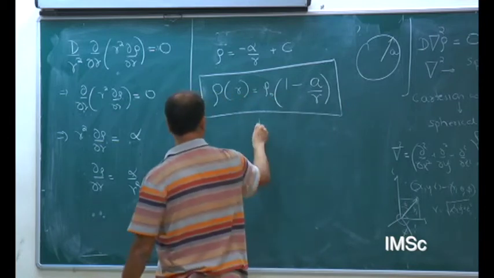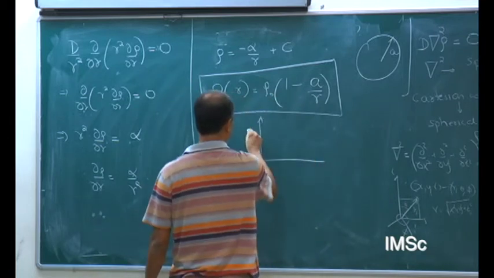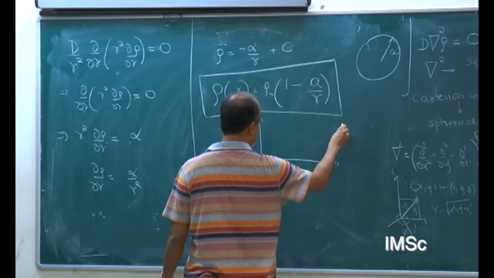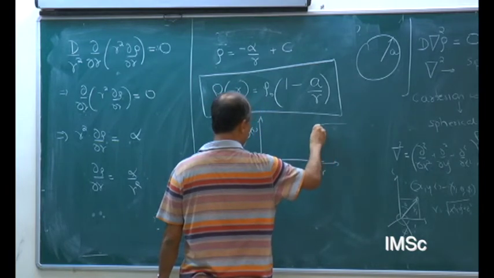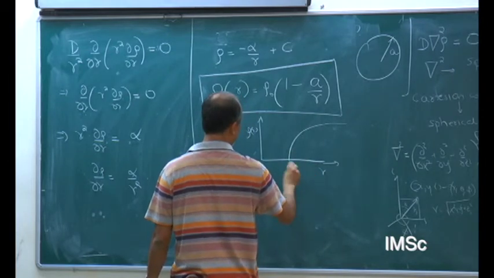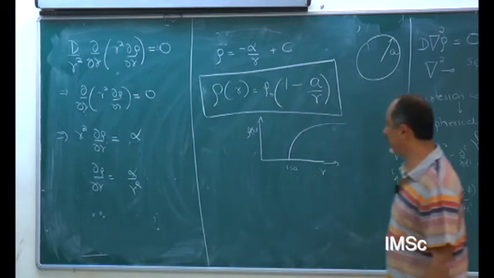So, if I plot rho of r as a function of r, this is rho naught at infinity, and it vanishes as r becomes a. That is how rho of r behaves.